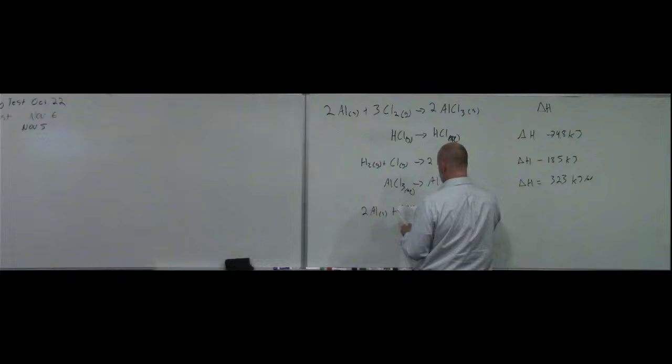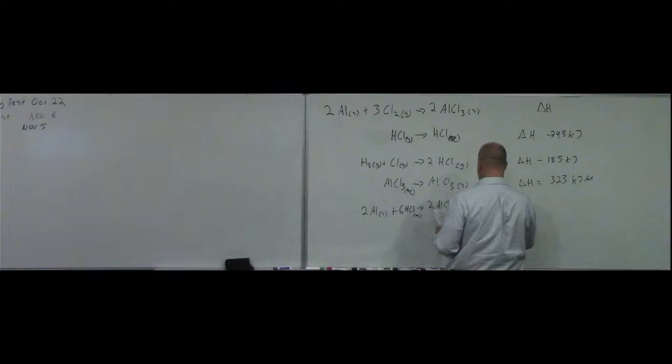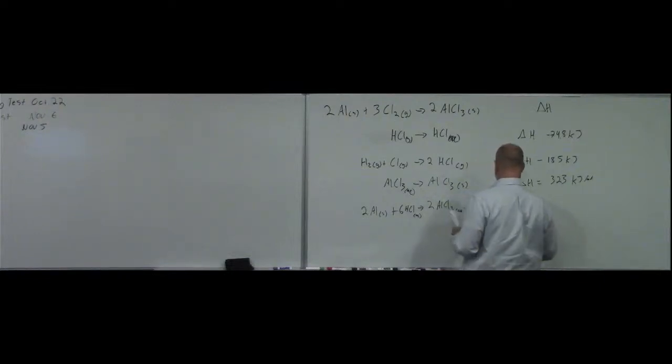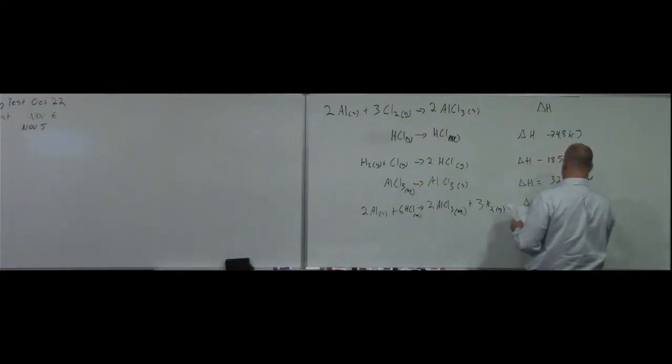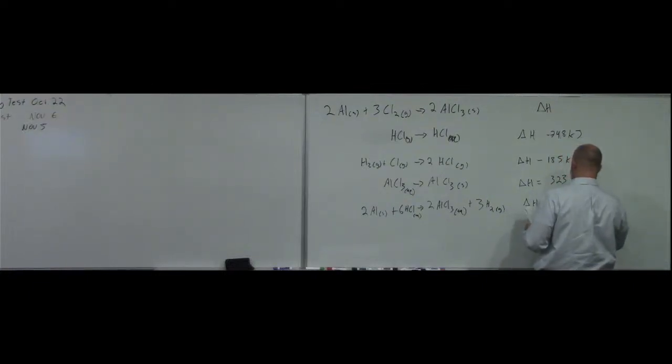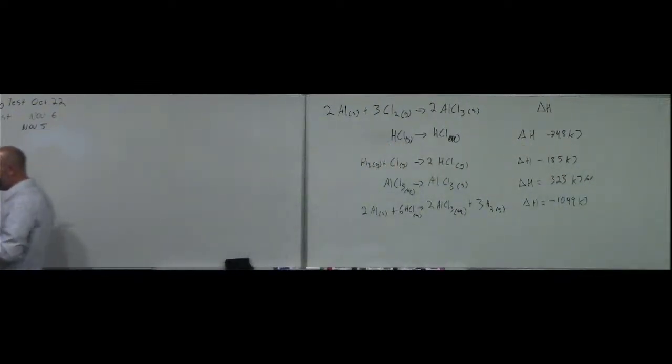Form 2 aluminum chlorides and 3 hydrogen gas, molecular gas. And our delta H here is negative, it's exothermic, 1049 kilojoules. Okay. So I'm going to step away while you get that written down.